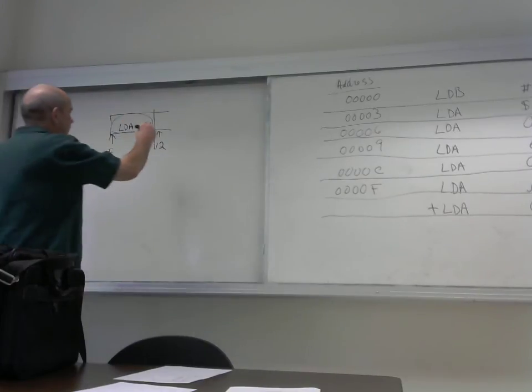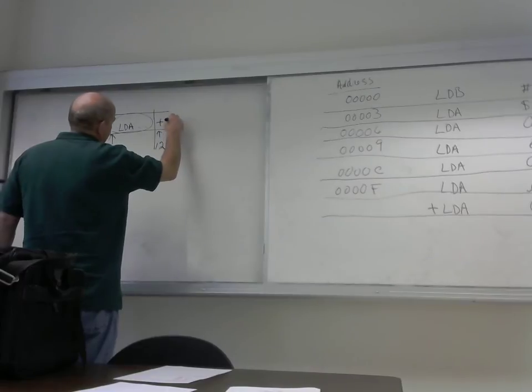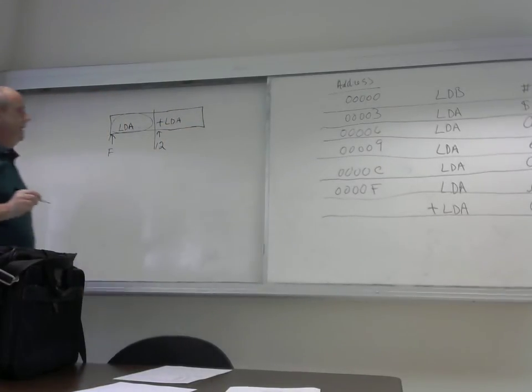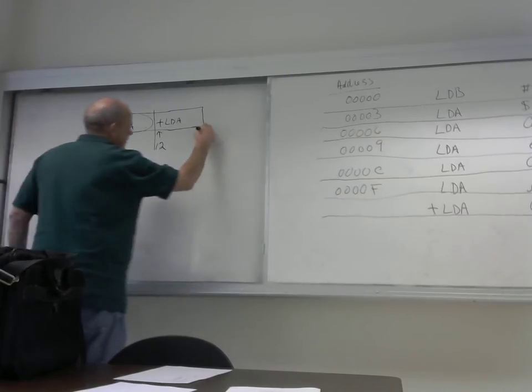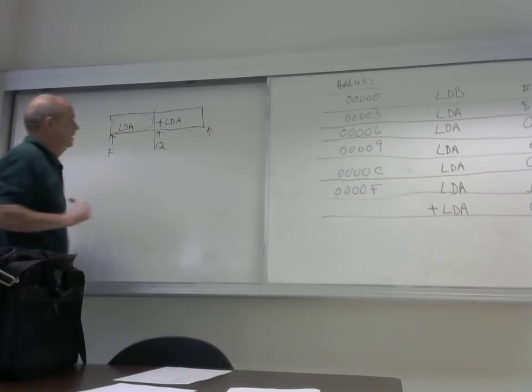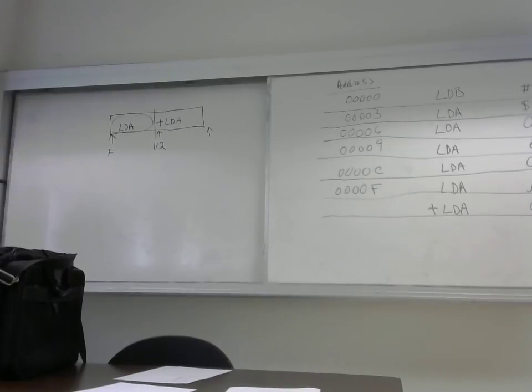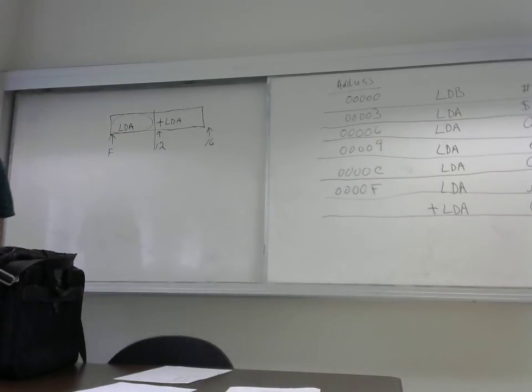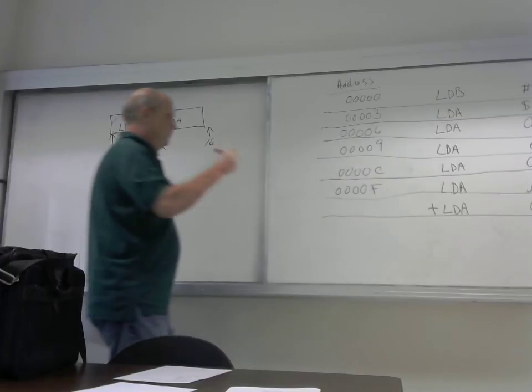Now this instruction is a plus LDA, and it's going to take 4 bytes. So the next instruction is going to be what? 16. 1, 6. You see that? The plus affects the next instruction.